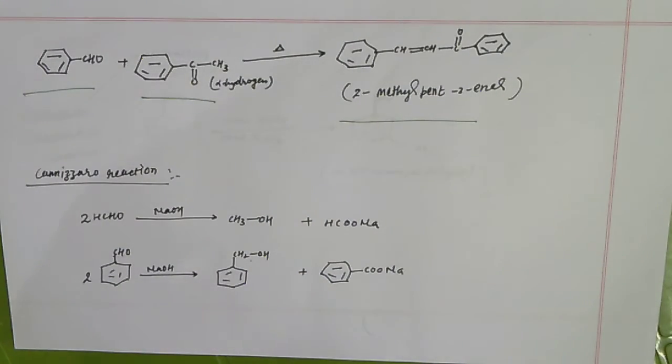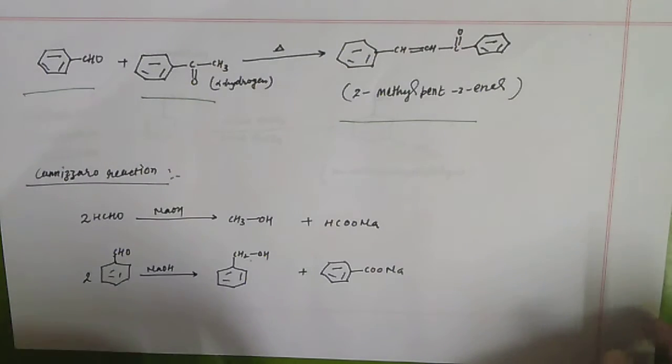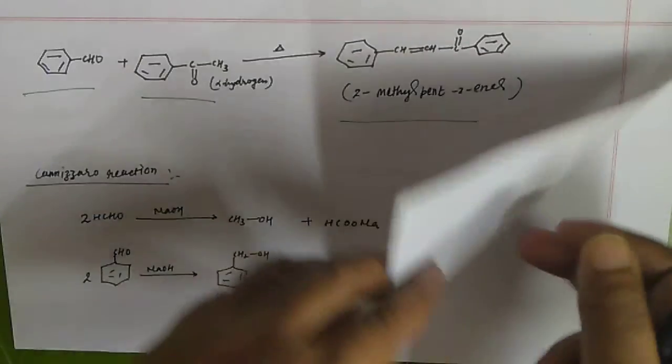Okay, now the Cannizzaro reaction. Aldehydes and ketones having no alpha hydrogen undergo the Cannizzaro reaction in the presence of base. They give one molecule of alcohol and another is the sodium salt of carboxylic acid. This is a very simple reaction.